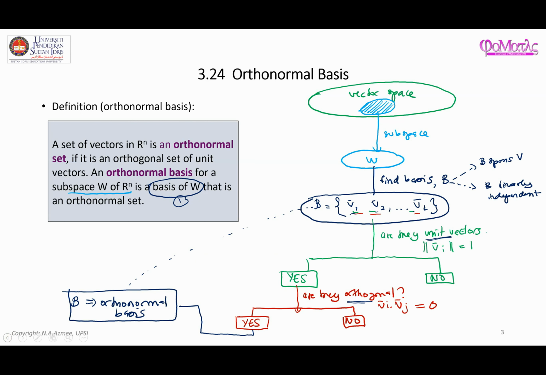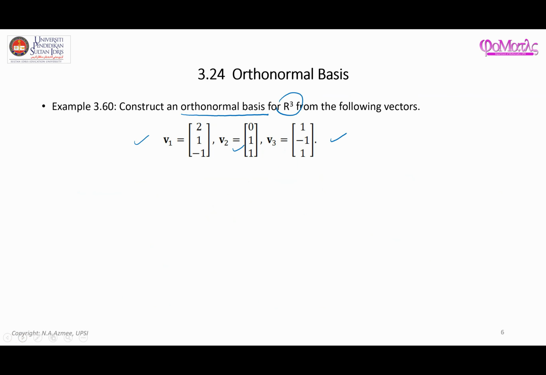Here is the set of vectors given, and I can call this set of vectors A. So A consists of v1, v2, and v3.